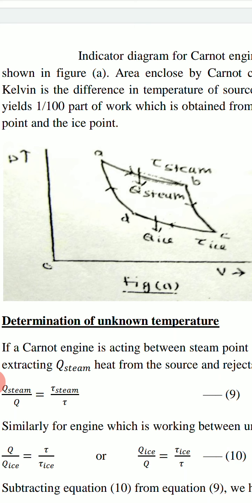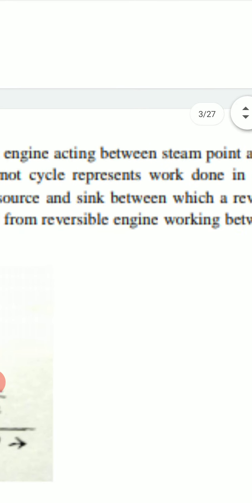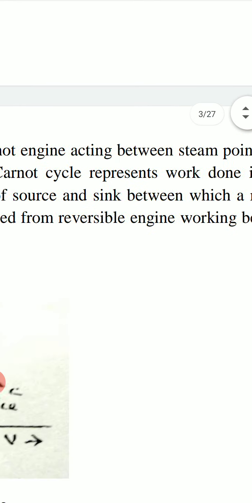The work done by this Carnot engine will be equal to the area of this curve. So the area enclosed by the Carnot cycle represents the work done in that cycle.